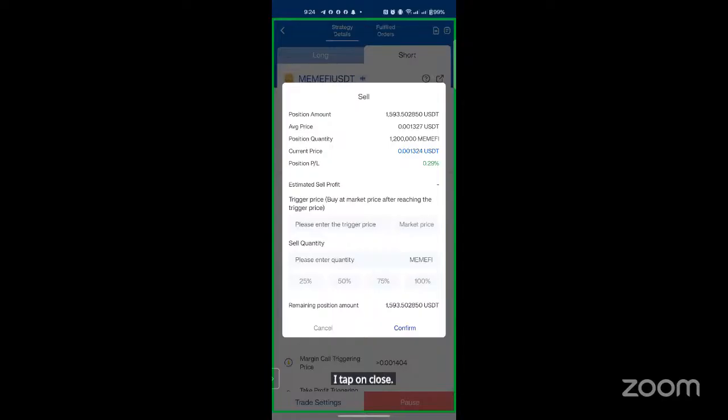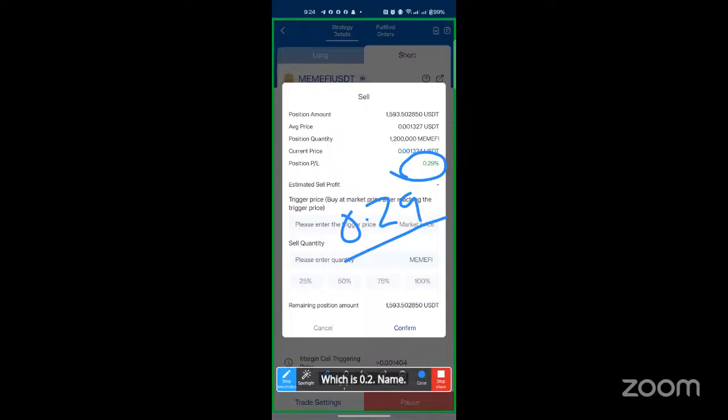Now on top here, it will show me my position profit and loss, which is 0.29. Do you know that this is 2.9%, which is 2% in spot trading?